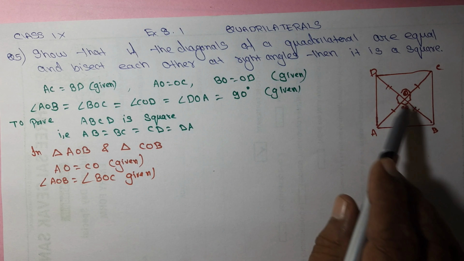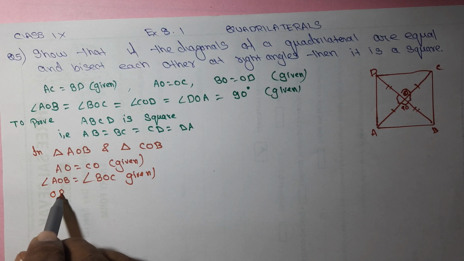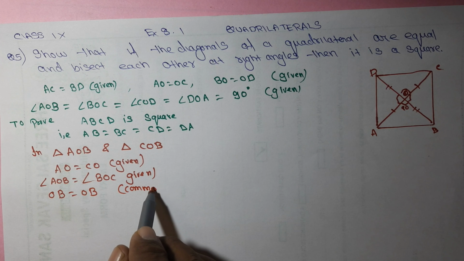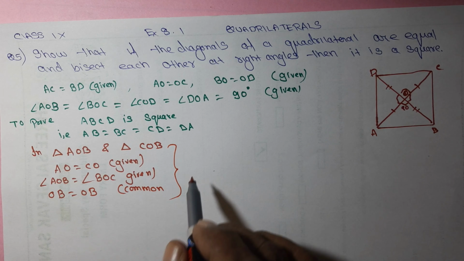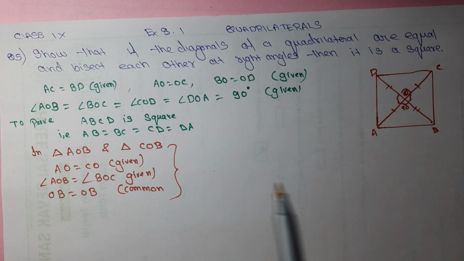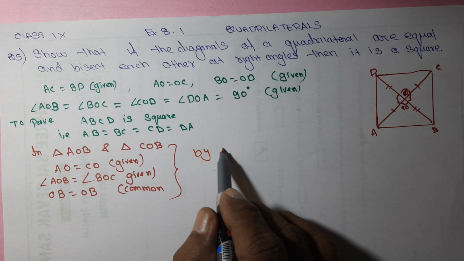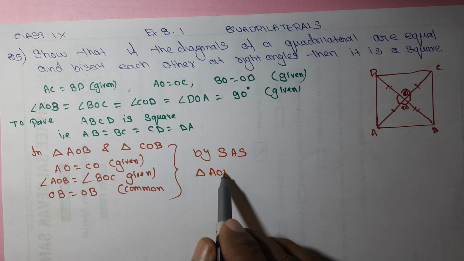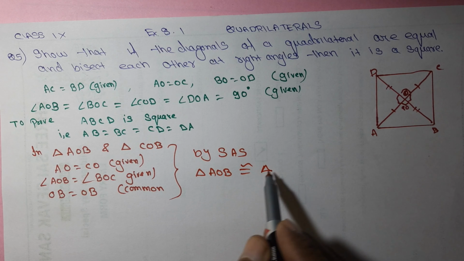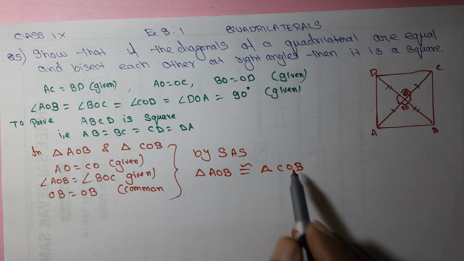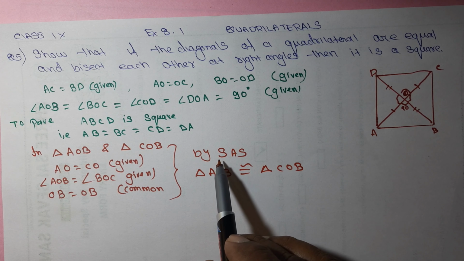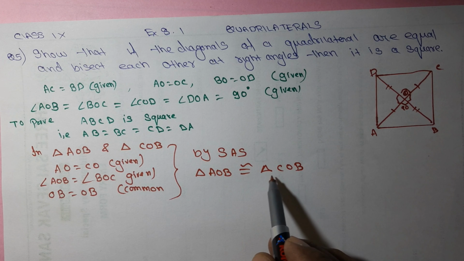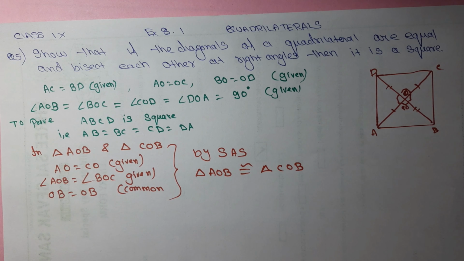And third thing, OB is common. OB is equal to OB. It's common. So what did we get from here? We got side angle side. So by SAS, triangle AOB is congruent to triangle COB. Okay.